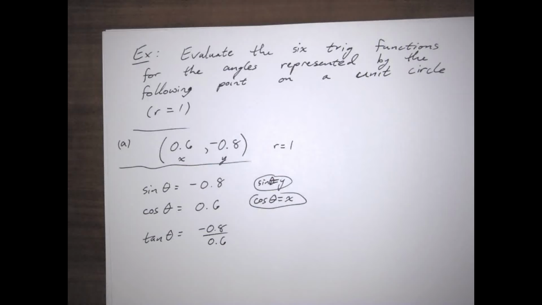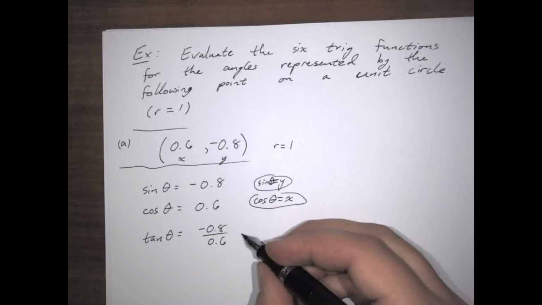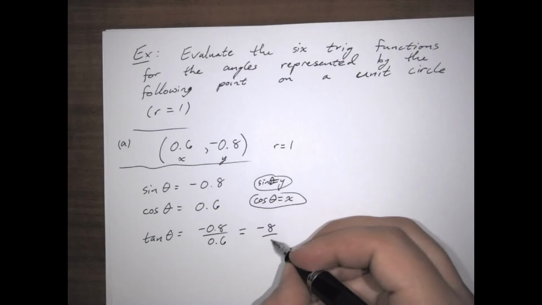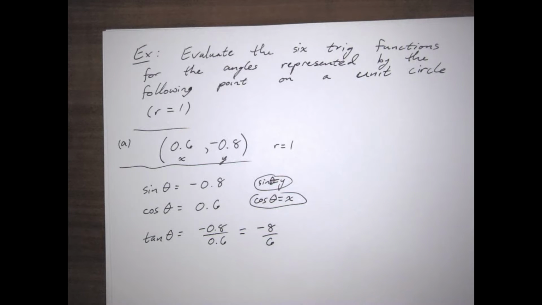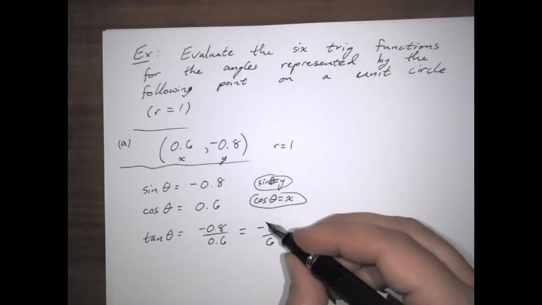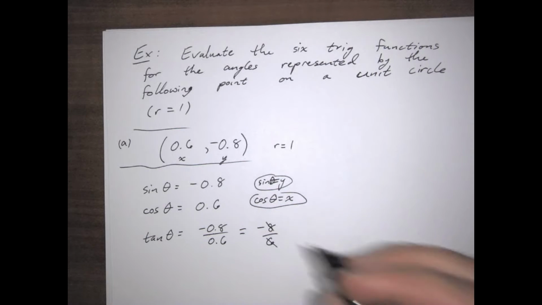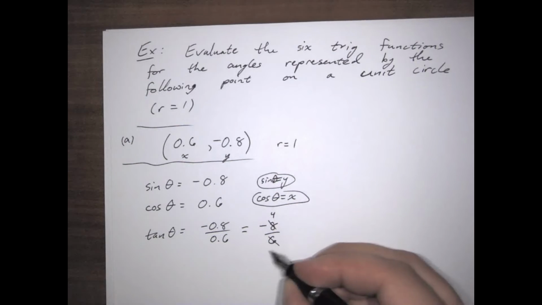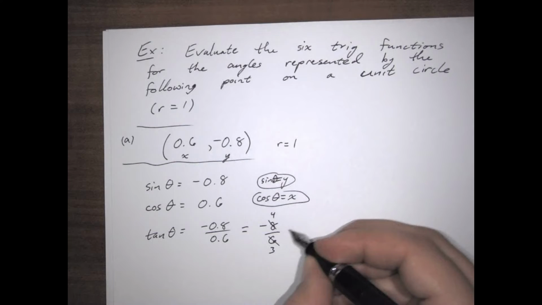If we wanted to simplify this, we could multiply the top and bottom by 10, say. Then we can see a common factor that they share, and that common factor is in fact 2. If we divide them each by 2, we get 4 and 3, and we're going to get negative 4/3.